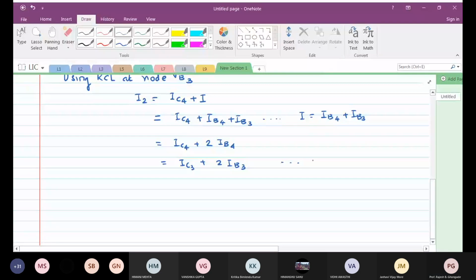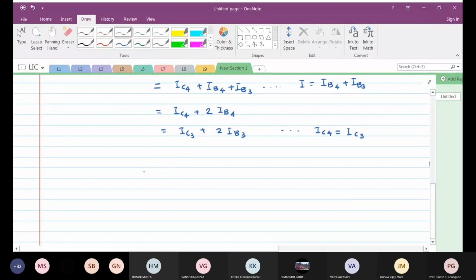Because IC4 is equal to IC3. Further, IC3 plus 2 times IB3, what is IB3? It is IC3 by HFE. We already have this with us. So I can write this as IC3 by HFE.